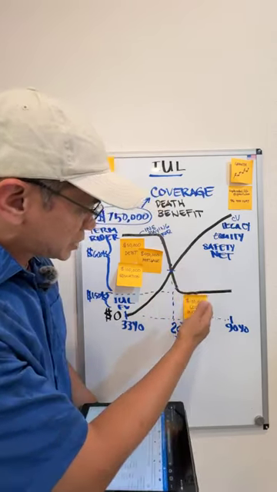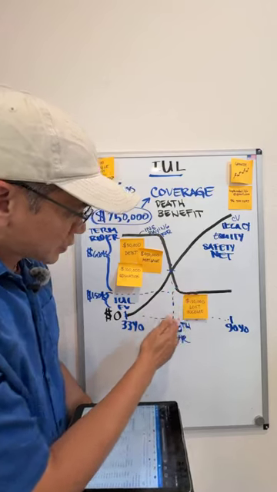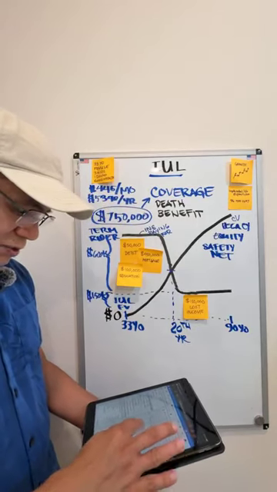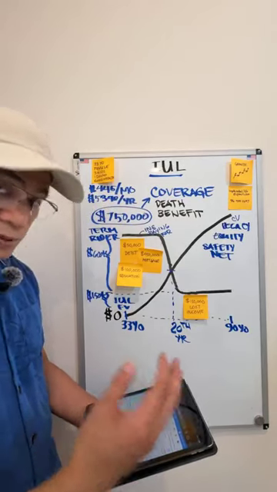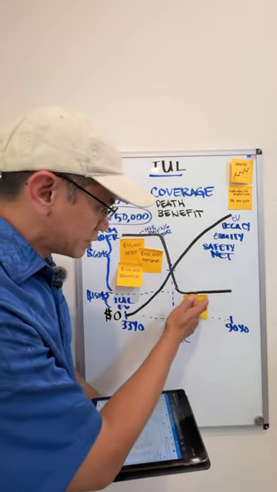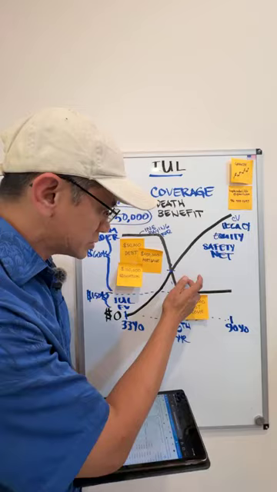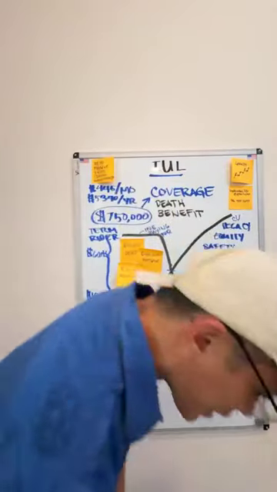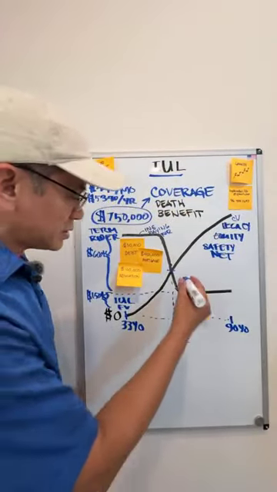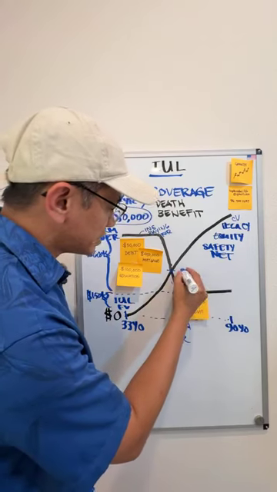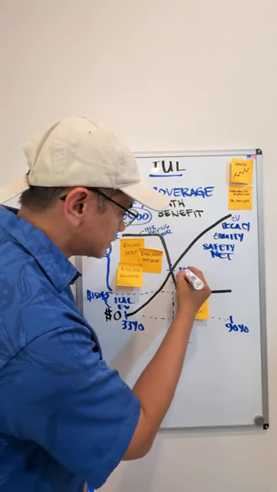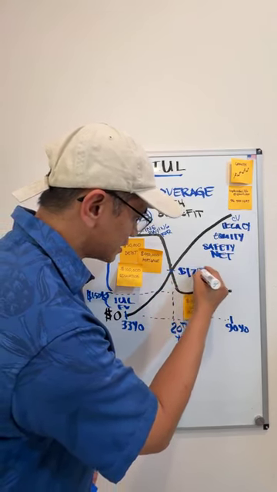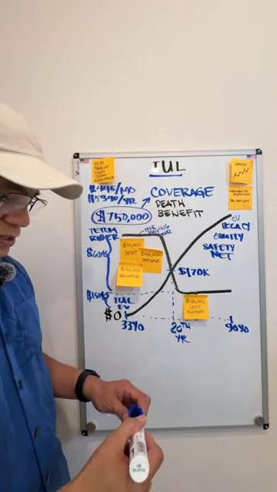In fact, at a certain point, let's say in the 20th year, she would have paid $100,000 in premiums already, right? This point here, the cash value in the 20th year would have already grown to around $170,000.